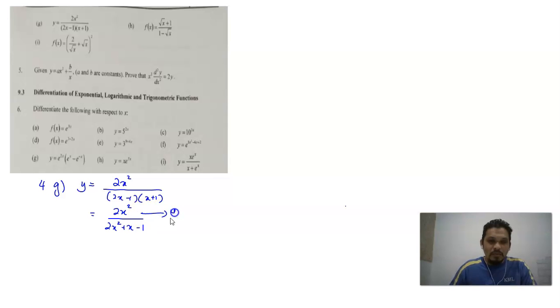So this is our u and this is our v, where u equal to 2x squared and v equal to 2x squared plus x minus 1. So then u prime equal to 4x and v prime equal to 4x plus 1.